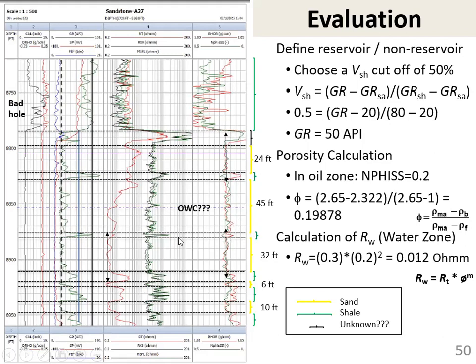If you look here, which corresponds to the spike on the gamma ray, this is a shale streak, and this is sand again. You see the density neutron overlying with very small separation. Apart from that, I've not inferred fluid content. I'm just looking at the formation.